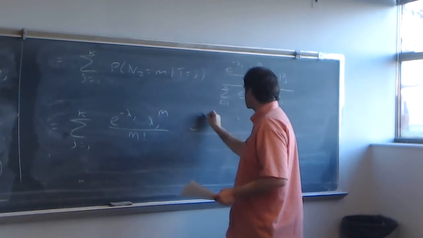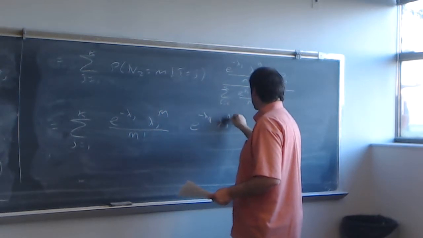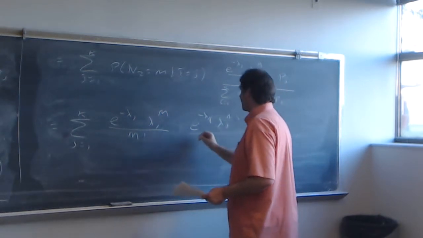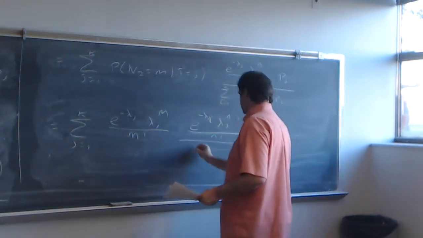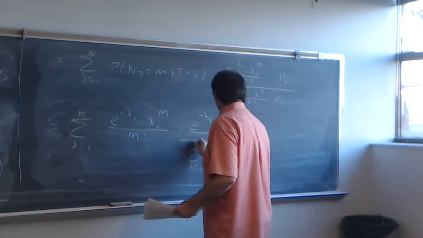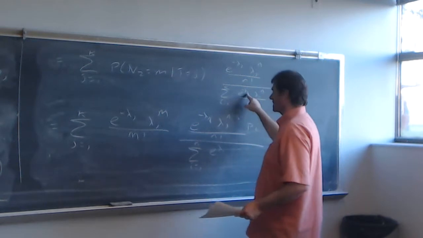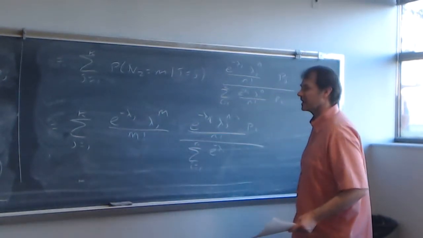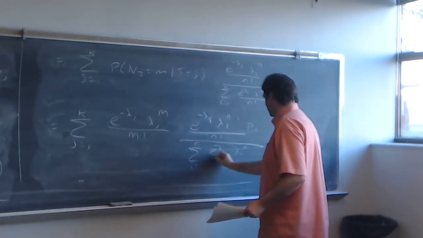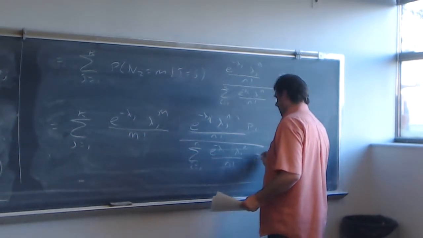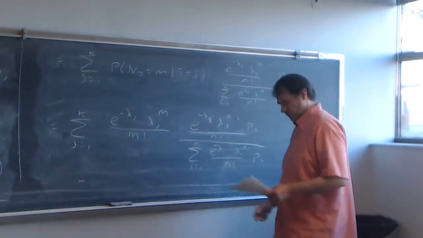So e to the minus lambda sub j, lambda sub j raised to the n, p sub j over n factorial, all over this sum as i runs from 1 to k, e to the minus lambda sub i. I made a mistake. Okay. And then lambda sub i raised to the n over n factorial, p sub i. Okay, these n factorials again will cancel.